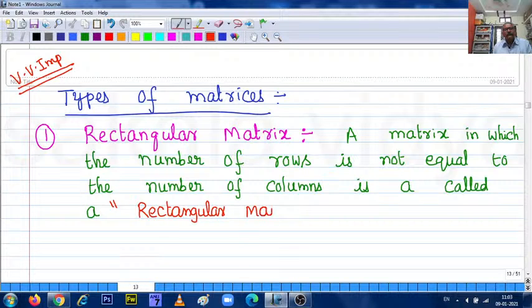So this is the definition of the rectangular matrix.